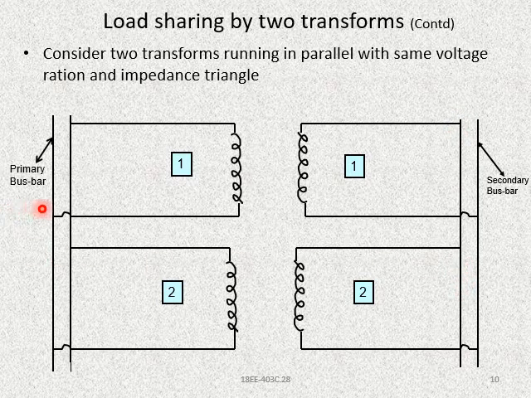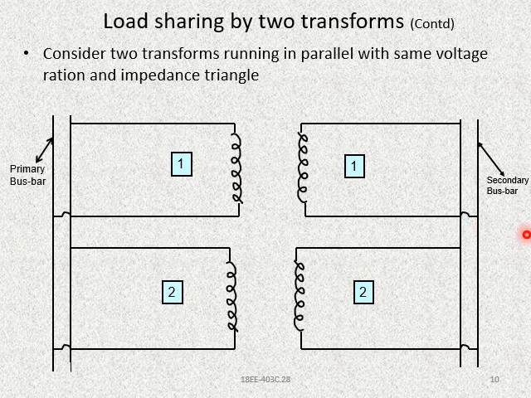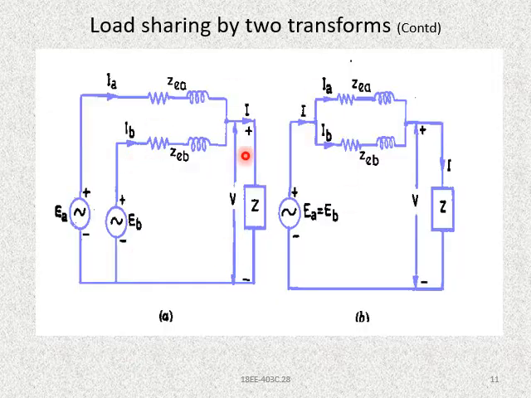Here it is an input, nothing but supply given, and here taken to the load. Just make the diagram. We'll continue. Now here you can see the load shared by the two transformers.